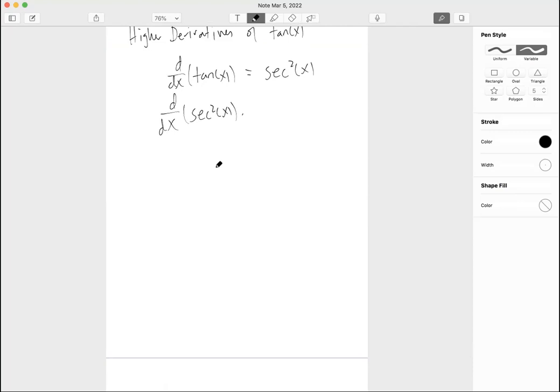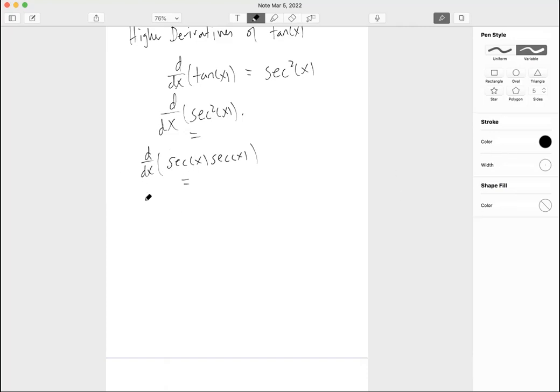But there's a couple ways of approaching the square of a function. If we don't have the chain rule, we can just treat this as a product, right? The square of something is just times itself. So for now, let's treat this as a product where both functions are the same.